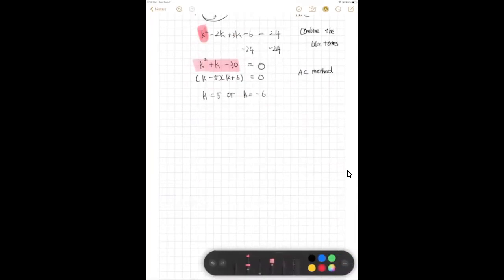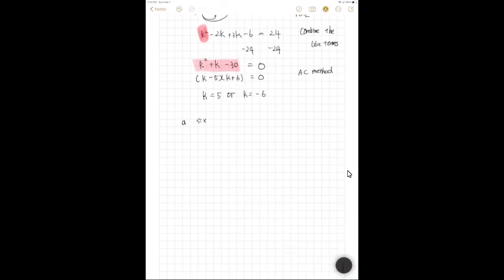Okay, let's do some application problem. Such as, a 6-foot tall man casts a shadow that is 3.5 feet long.